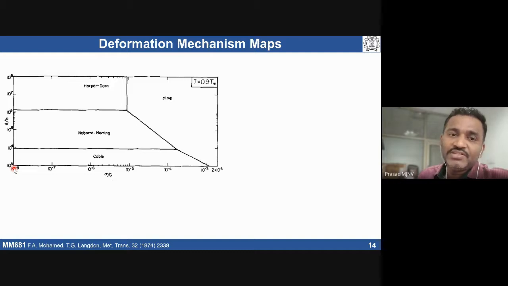So this is one way of representing d by b versus sigma by G. Here you have to equate the terms in such a way that we get a y equals mx plus c kind of format, where x is sigma by G. If we take the equations, equate them, and arrive at a relationship between d by b versus sigma by G at a constant temperature, you will get this kind of boundaries.